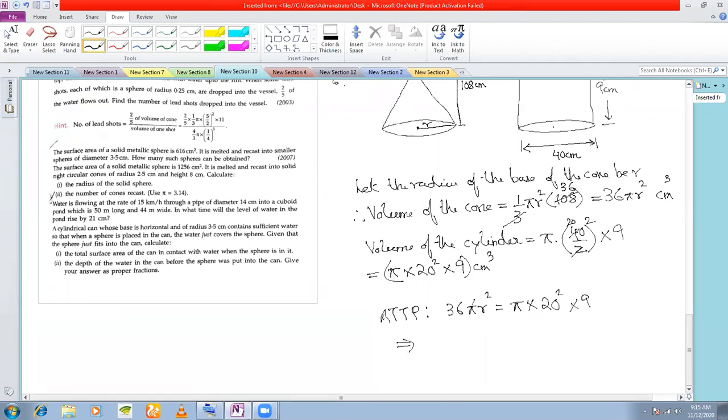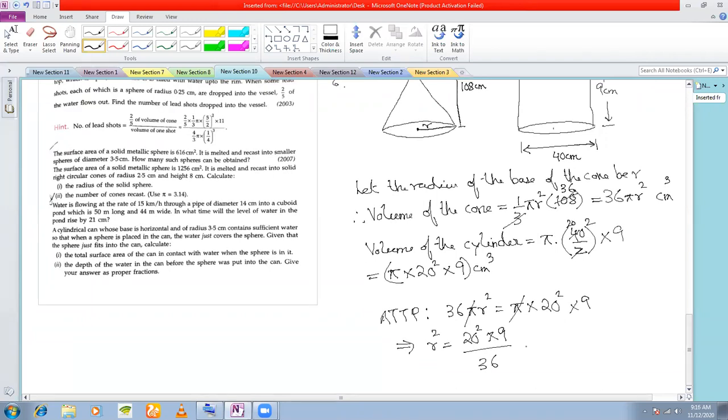Both the volumes have to be equal. Now clearly pi and pi cancel from both sides, so you don't have to put the value of pi. Therefore, the value of r square is 20 square into 9 divided by 36. You can multiply and then find the square root. Otherwise, the best way is to write this as 20 square, write 9 as 3 square, and write 36 as 6 square, because all the numbers are squares.